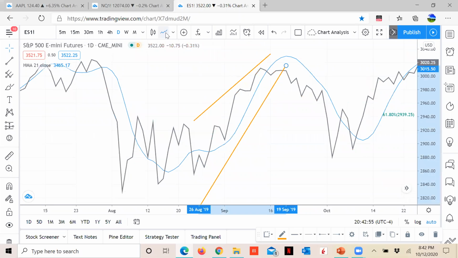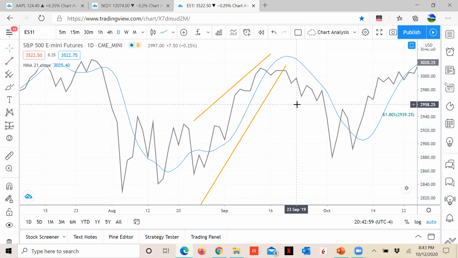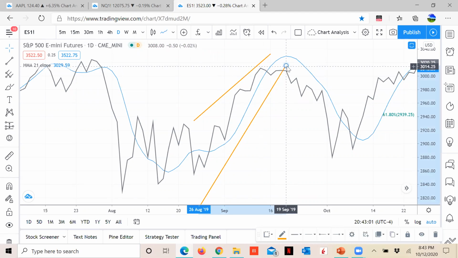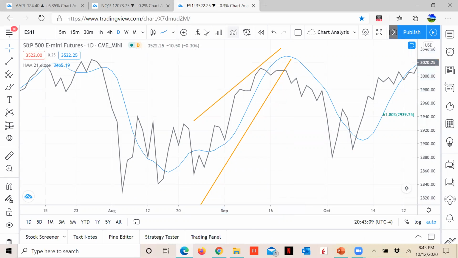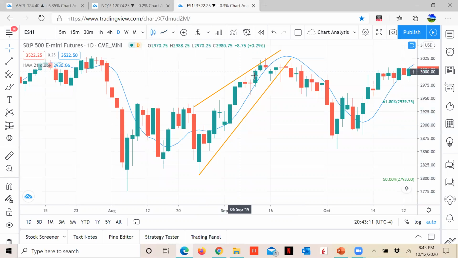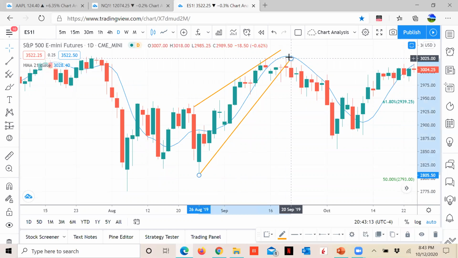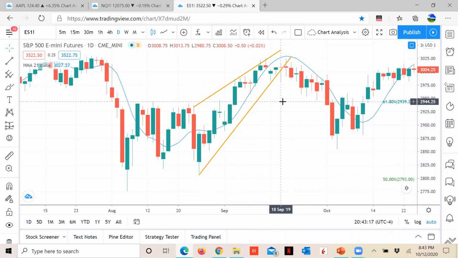Go to the line chart. Breaking through, right? Go to the candlestick chart. So it's breaking through here.